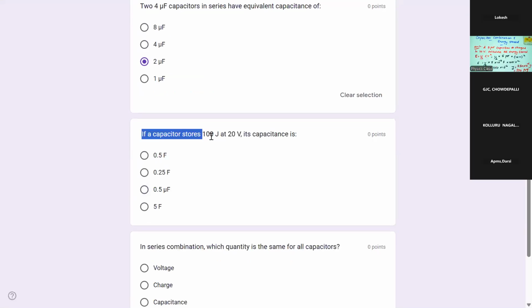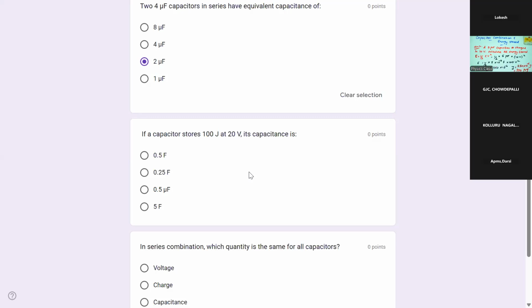If a capacitor stores 100 joule at 20 volt, its capacitance is... think about it. If a capacitor stored 100 joule at 20 volt, what is its capacitance C?